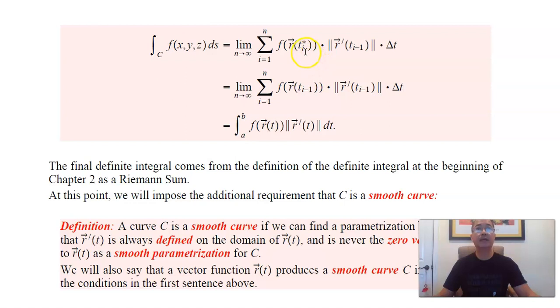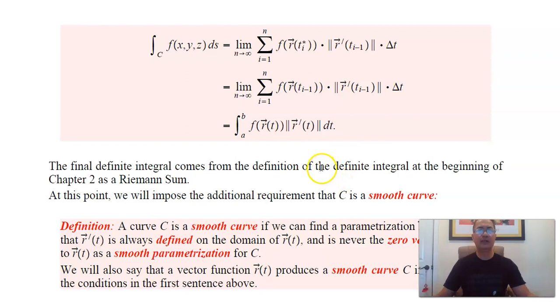And we said let us choose as our t_i star the left endpoint t_{i-1} so that these two are exactly the same. So based on the definition of the definite integral way back in chapter 2, we can write this as the definite integral from a to b of f(r(t)) times the magnitude of the derivative r prime at t dt.